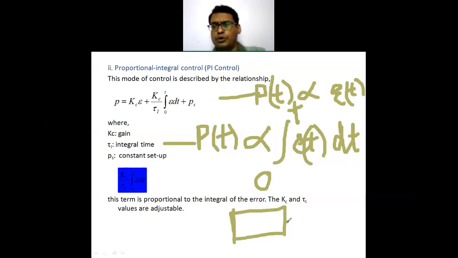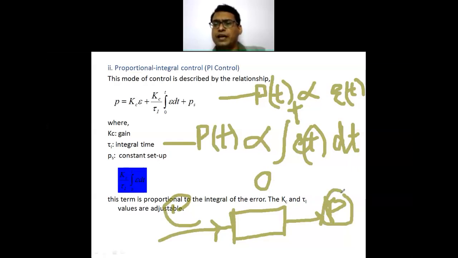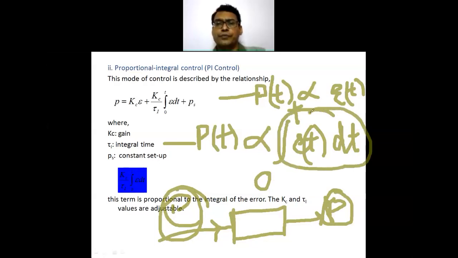This is output, which is the P, and this is the input, that is the E. So this output P is directly proportional to the E for the proportional part and is also proportional to the integral part in case of an integral controller.